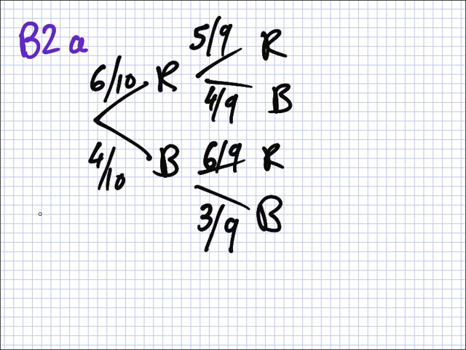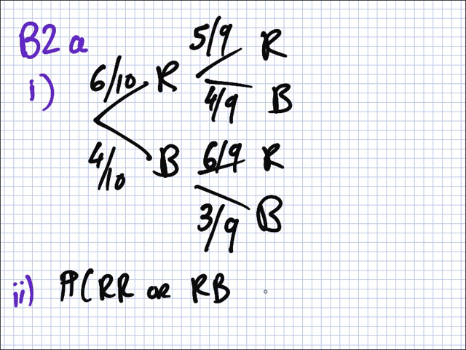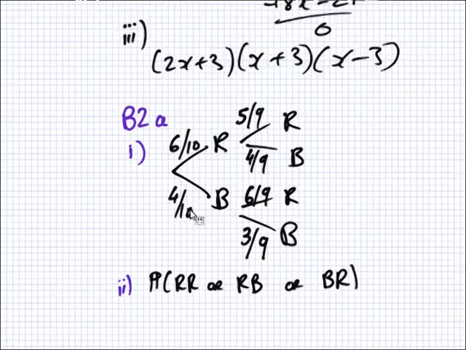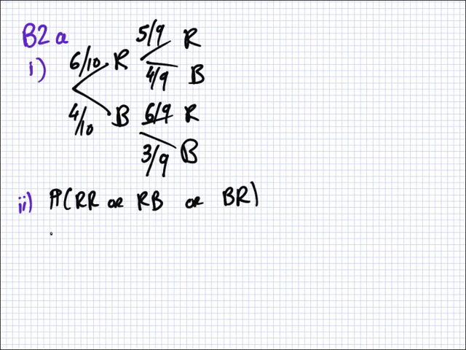Find the probability that at least one bead is red. At least one bead is red means they want red, red, or red, blue, or blue, red. Now that's one way to do it. There's another way to do it that's quicker. But if you did it that way, that's fine. Red, red is 6 over 10 times 5 over 9, plus 4 over 10 times 3 over 9.